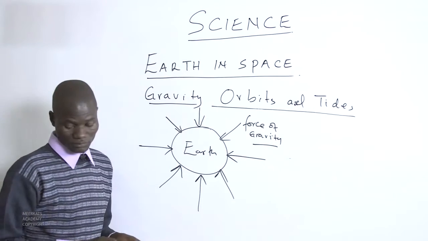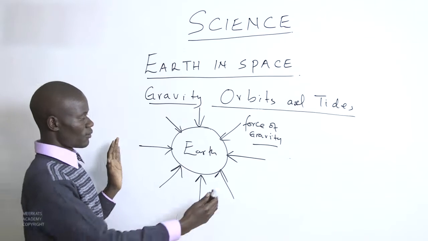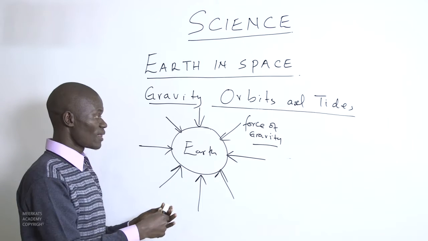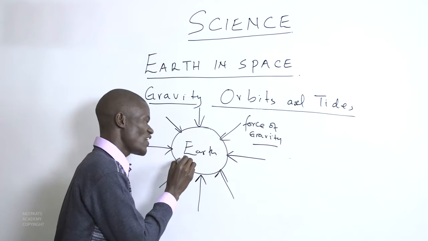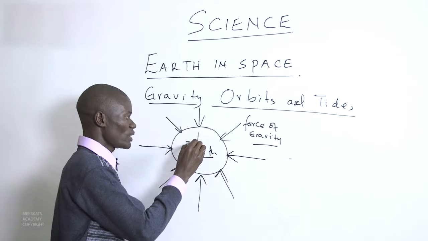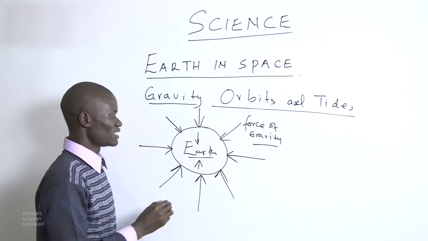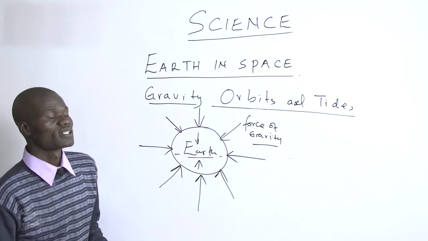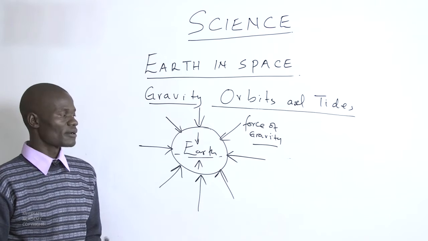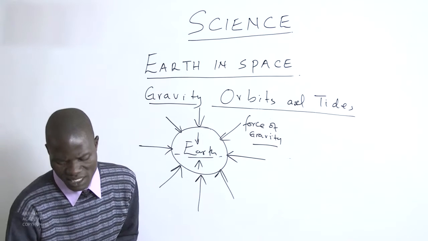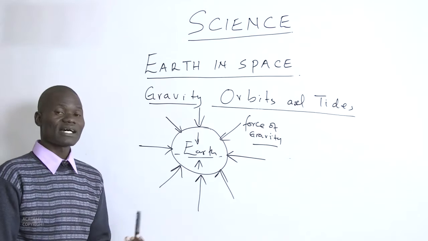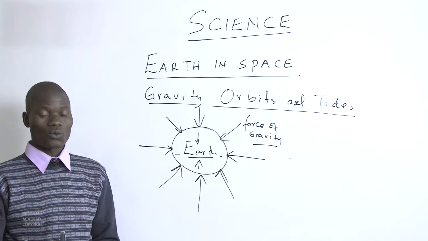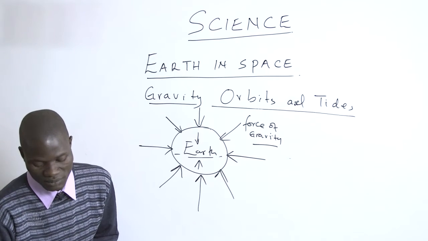Therefore, when this force works on the Earth, all objects that are found on the Earth will have the same effect. And that is why on planet Earth you are mostly affected by this force of gravity, because planet Earth is found in the field of gravitational force where the Sun is found.